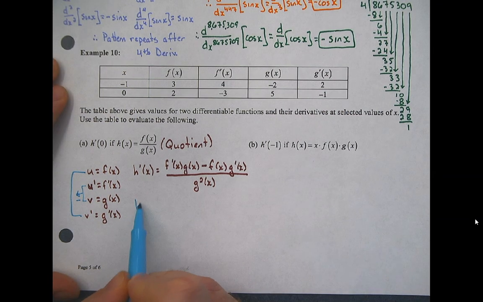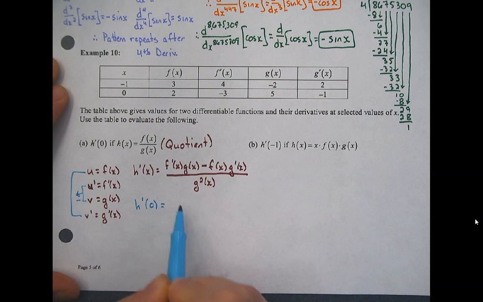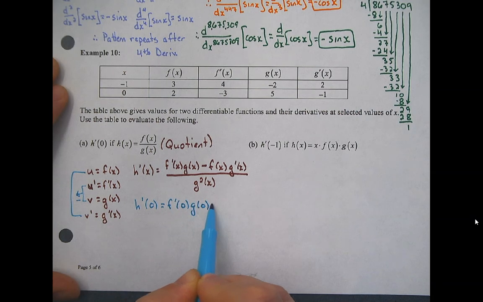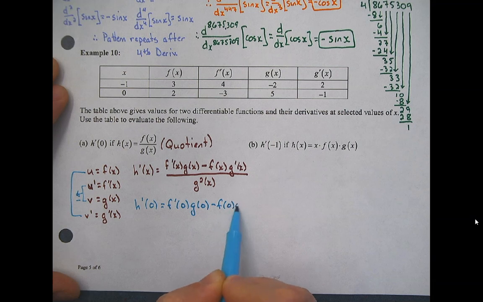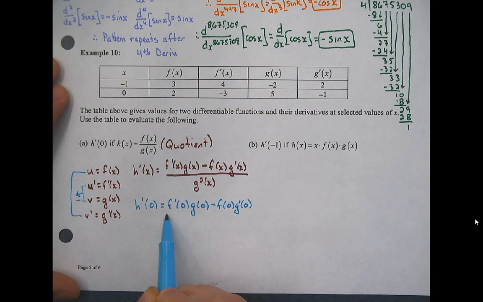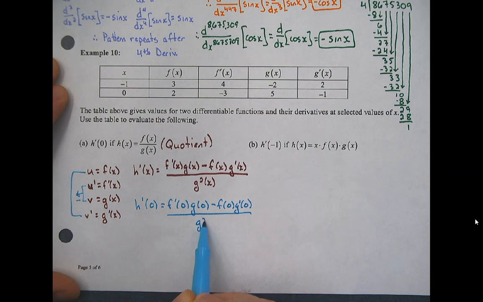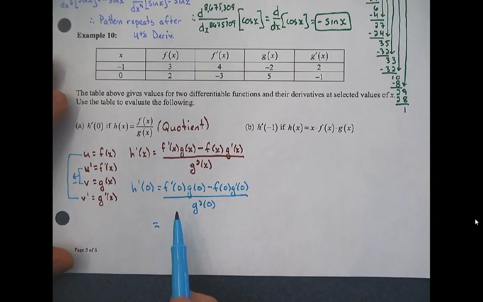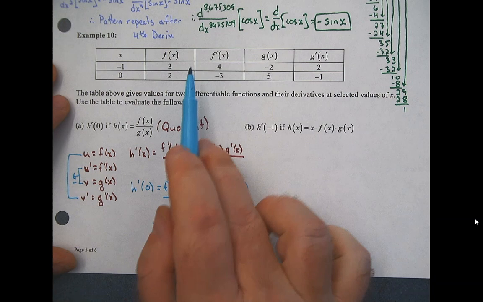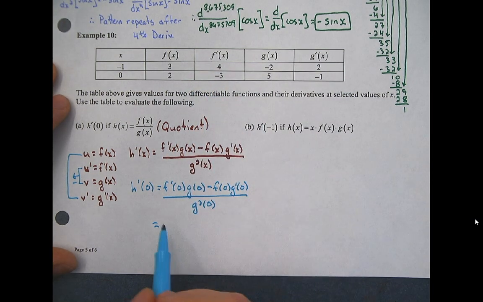So h prime of 0 would equal f prime of 0, g of 0, minus f of 0, g prime of 0, over g squared of 0. Now, these are all things that I can figure out from my table. F prime of 0, I go to f prime, I go to 0, I plug in negative 3, times g of 0.